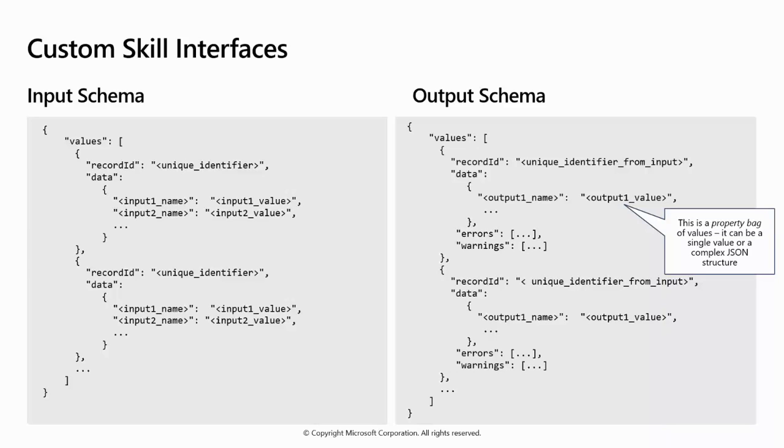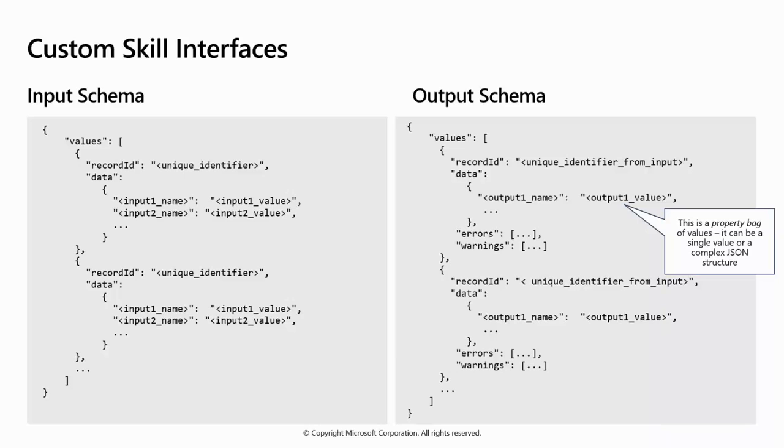Now, the input schema for a custom skill is a JSON structure with a record for each document to be processed. Each document has a unique identifier and a payload of data with one or more inputs, like this on the left. We have values, the record ID, and the data for each record ID. Now, the schema of the results your custom skill gives back is the same.